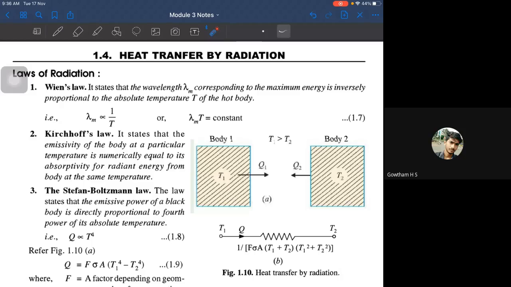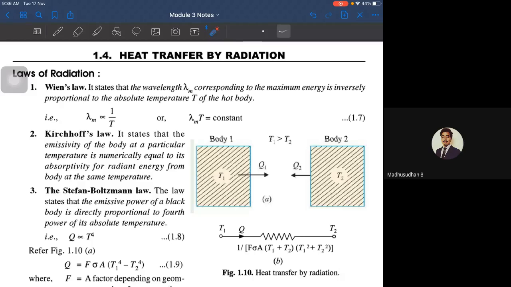Kirchhoff's law you have heard. Fine. Next. Stefan Boltzmann's law is a very popular one. Very popular. Even Wien's law was there in your second piece also.